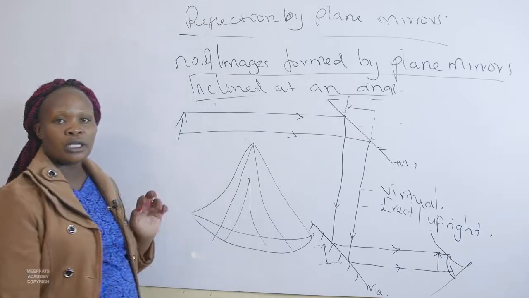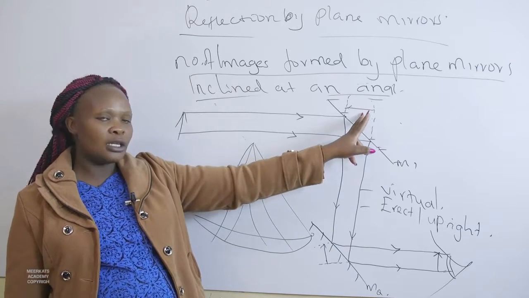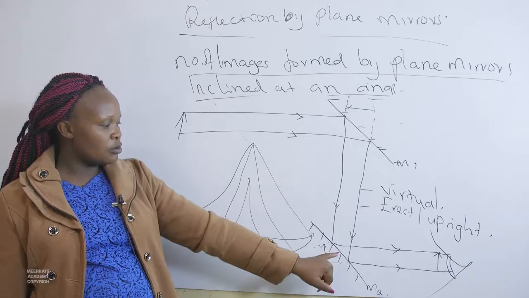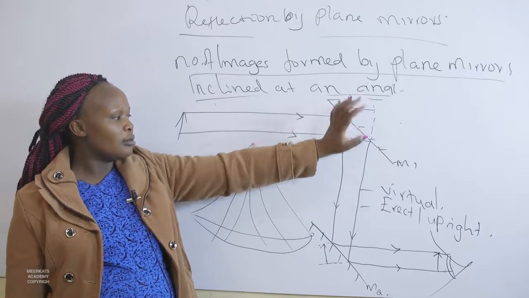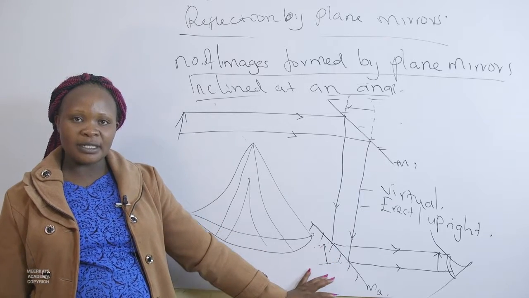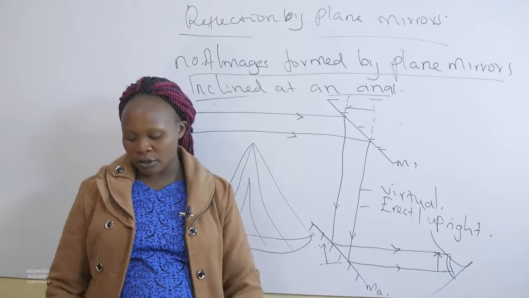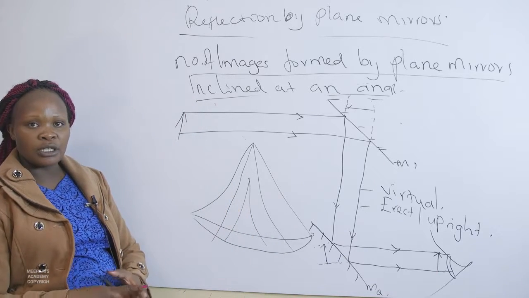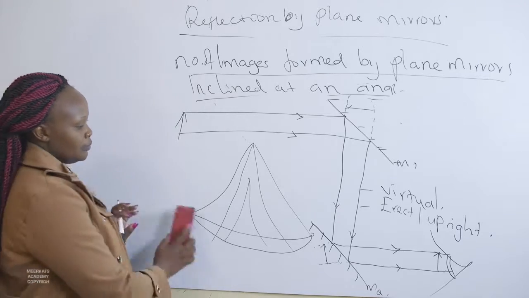They are upright because it was laterally inverted here. When it comes to the second mirror, the mirror inverts it again, and that will have an effect of giving you an object that is actually upright.